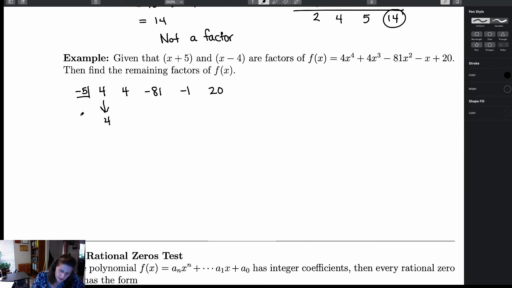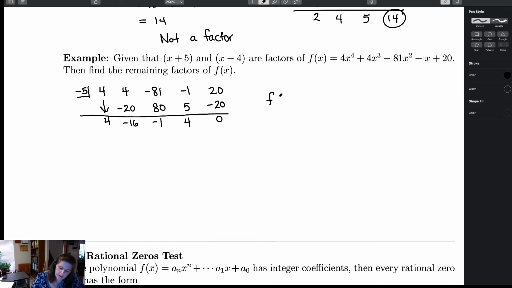Dropping down the 4, -20. I have -16. All right, 5 times 16 gives me 80, and it's positive because they're both negative. So I end up with -1, 5, end up with 4, -20, end up with 0. Okay, 0 means that it is a factor.